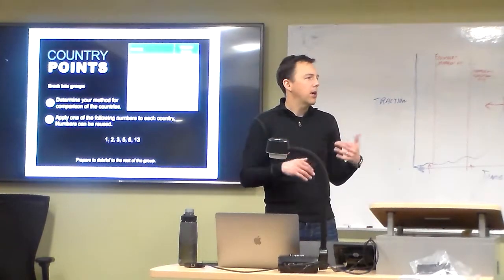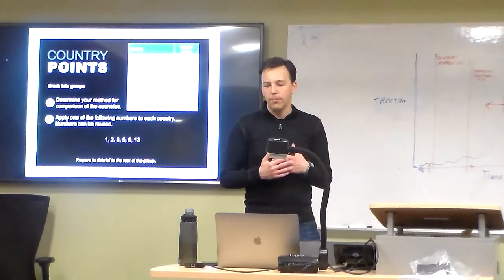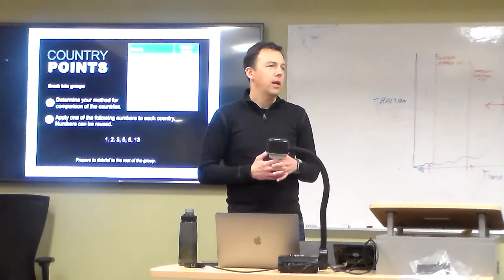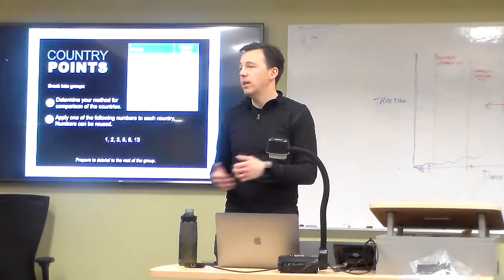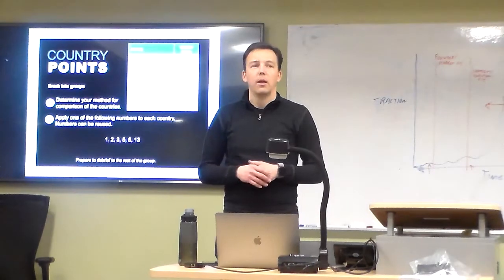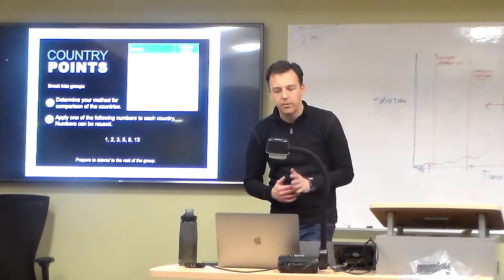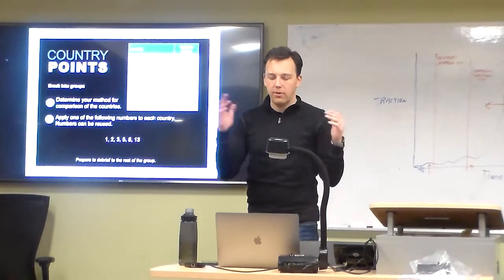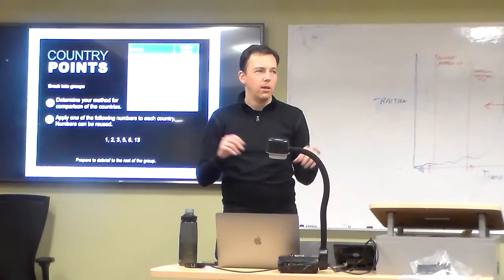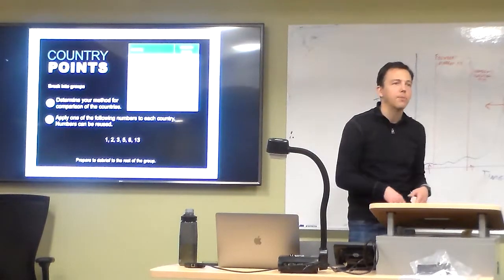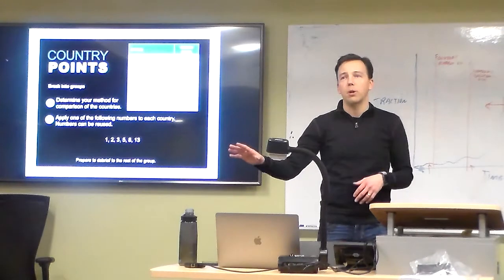So I want you to break into groups of 3 or 4. Go through this list, and compare these countries. Cool thing is, you can compare them on whatever dimension you want. And when you compare them, don't do it absolute, compare them relative to each other. So at the end of this, you should have countries that fall into the 1 bucket, the 2 bucket, the 3 bucket, the 5 bucket, the 8 bucket, the 13 bucket. You don't have to use all the buckets.